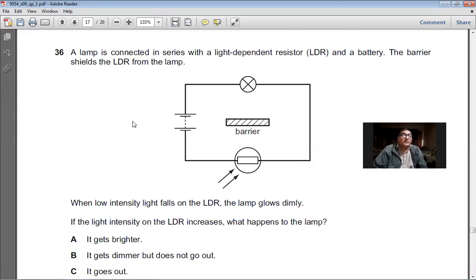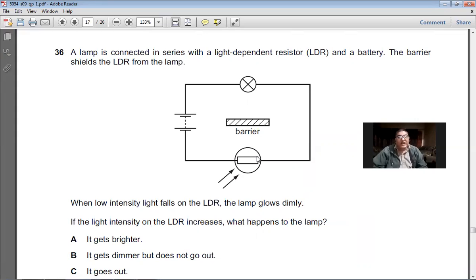It will get brighter. The reason is that when light falls on the LDR, its resistance becomes less. LDRs are light-dependent resistors, and their resistance decreases when light falls on them.